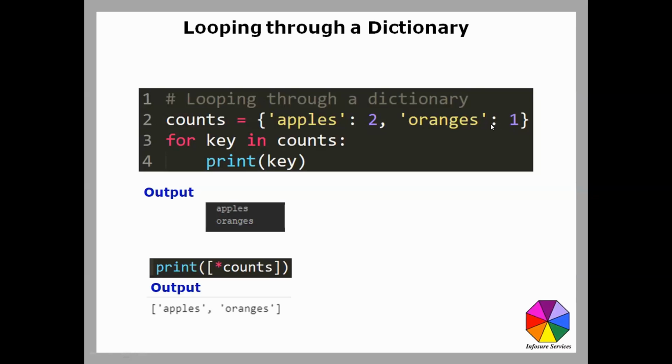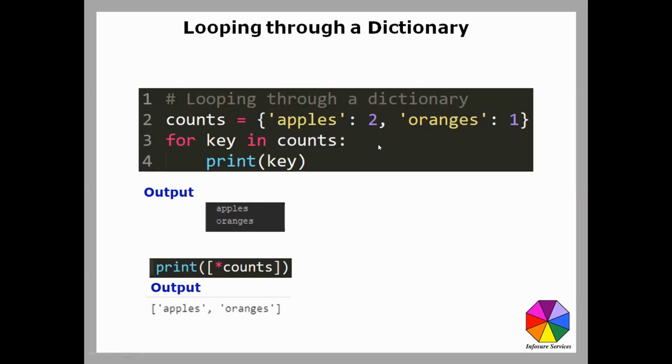Then when you want to loop through the dictionary, you can say for key in counts. You can also say for key, comma, value in counts. For key in counts, it will loop through these keys. Print key will just print apples, oranges like that.